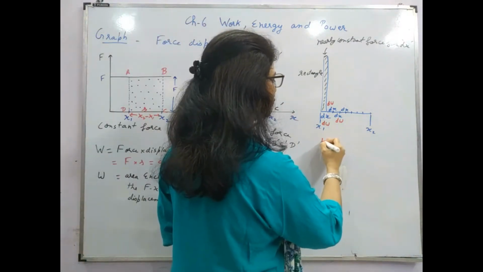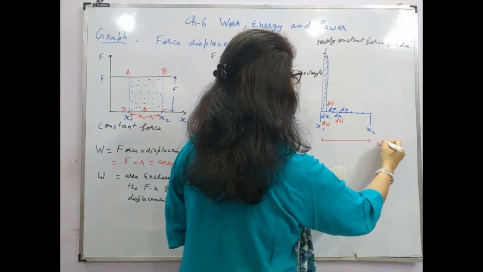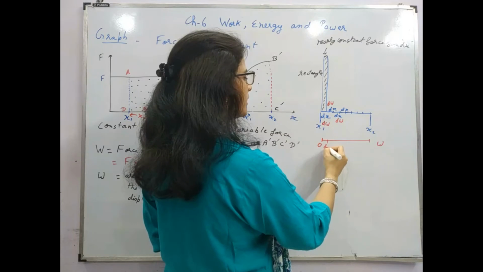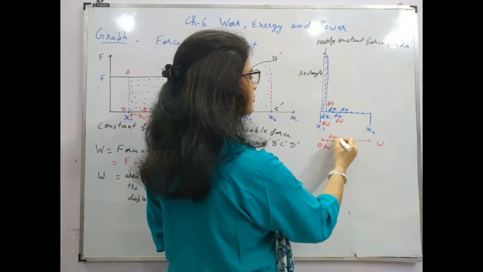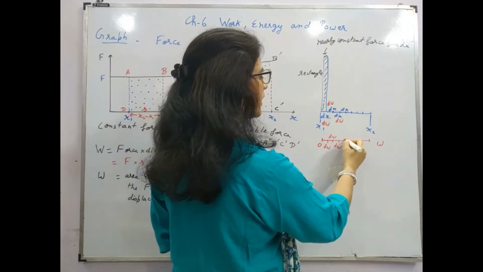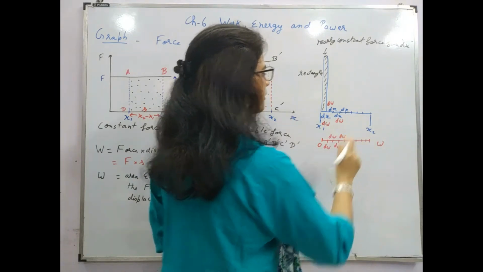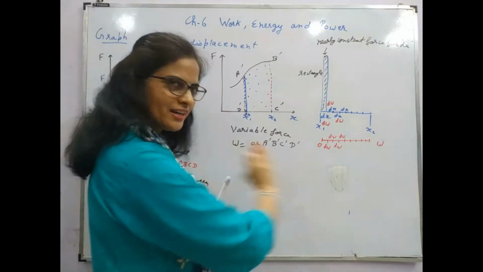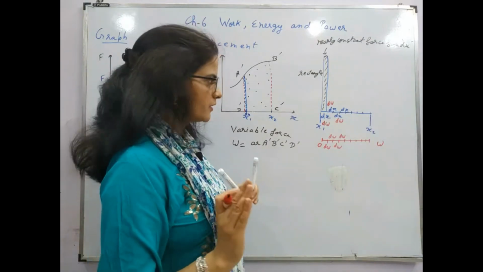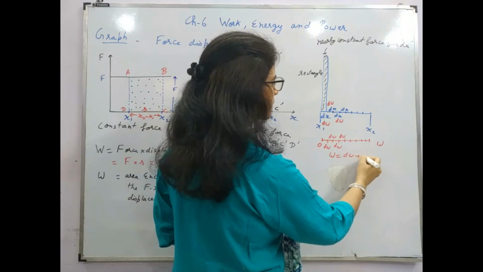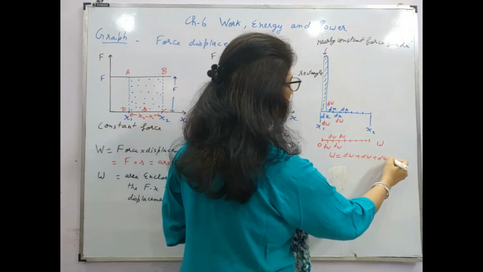So if we want to find the total work, initially it was 0, here it is W. So in every interval it is dW, dW, and so on. So technically what should I do? I have to add all these dW to get the total W. So that means W is equal to dW plus dW plus dW.